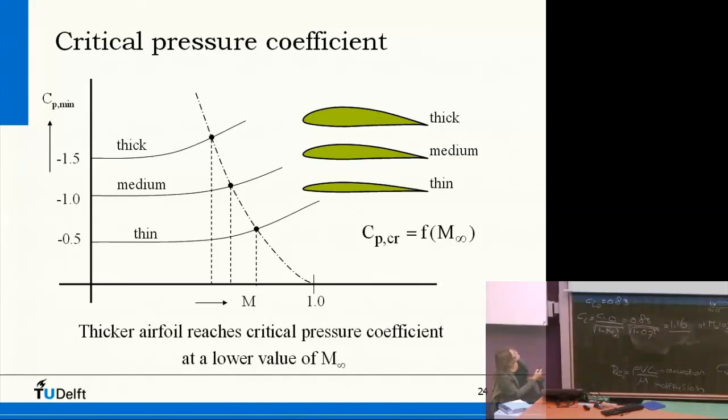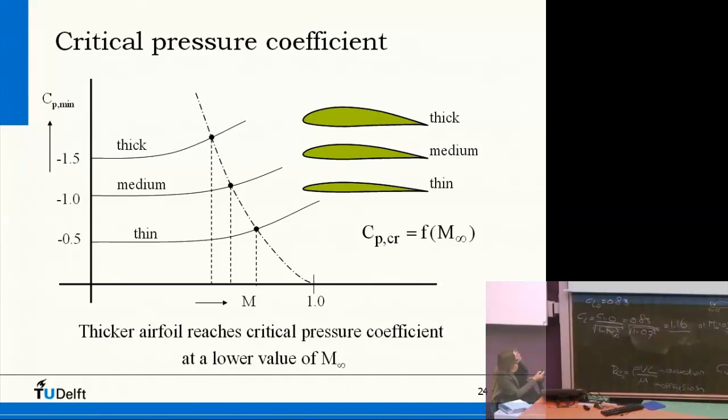And if we look at the CP plot, you will see that the CP will be really in the minus sign, so we have strong pressure changes. The minimum pressure is in this case minus 1.5, but it reaches Mach 1 here very closely. And this is also called the critical pressure coefficient.